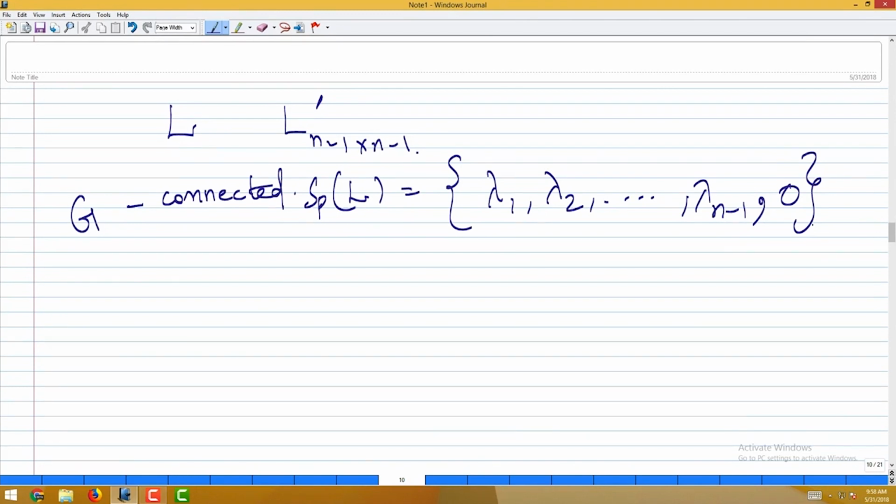I am not talking about multiplicity, let us just list out every possible eigenvalue. If this is the case, then what can I say about the determinant of this L prime?